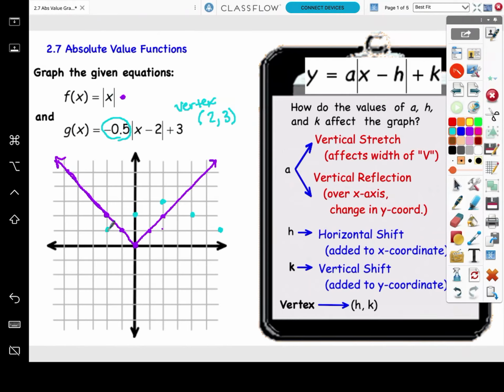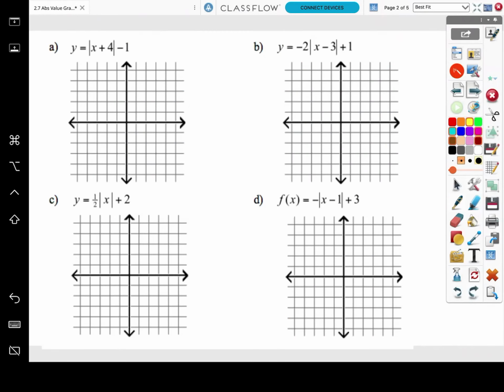So I'm going to go down and left to get those points. Then I'm going to connect them as straight as I possibly can, freehand again, and there is the transformed absolute value function, negative 0.5 times the absolute value of x minus 2 plus 3, just using our transformation rules.